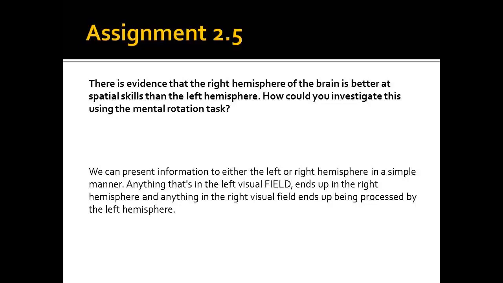Now keep in mind, we are talking about visual fields, not eyes. If you simply cover one of your eyes, the other eye will still send information to both hemispheres. So we are concerned with presenting stimuli within visual fields, not just eyes.